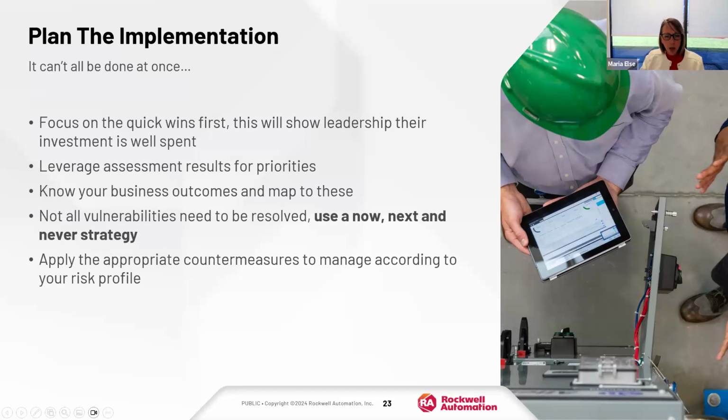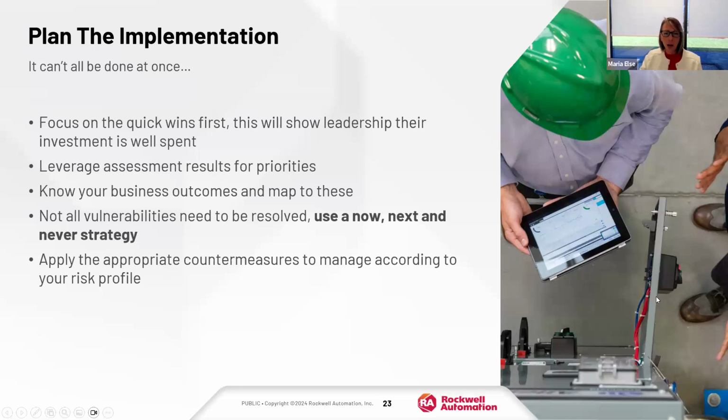One thing that we should all remember is, your assessment might give you pages of vulnerabilities, and it might give you a high CVSS score that says this is really critical, I need to do something now. But that's not always the case if you've got mitigating controls around them. So use a now, next, and never strategy.